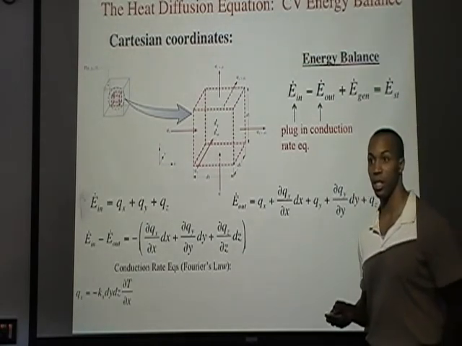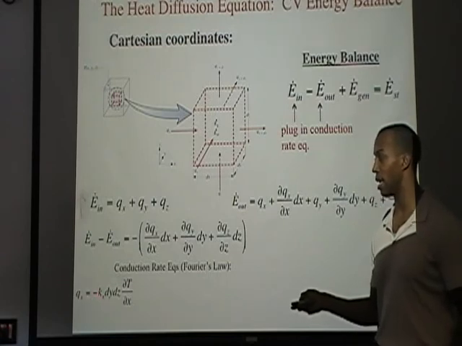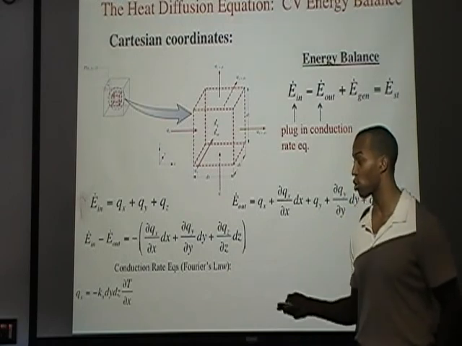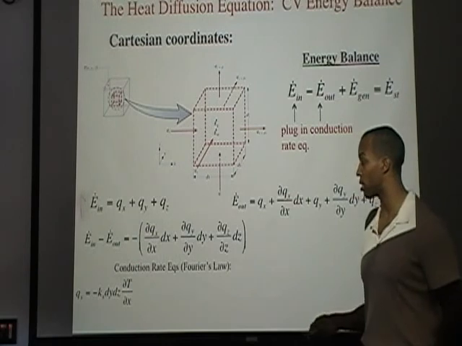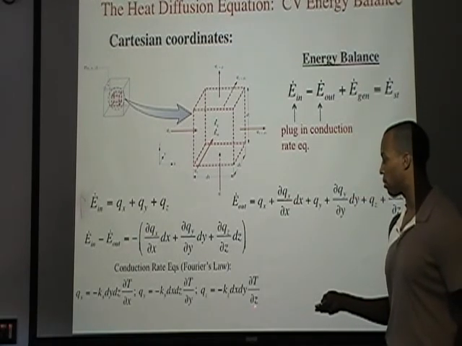The x direction, so Fourier's law, once again, minus k in the x direction, dy, dz, partial derivative of T with respect to x. So remember, we're taking partial derivatives here still because we're working in three-dimensional space. And then we can have the same thing for the y and for the z direction.